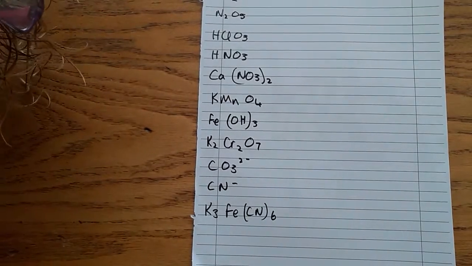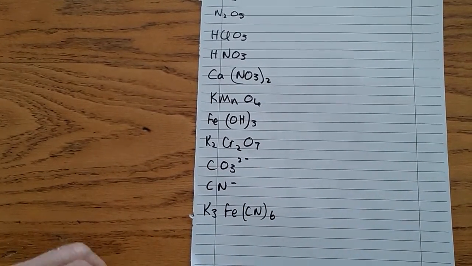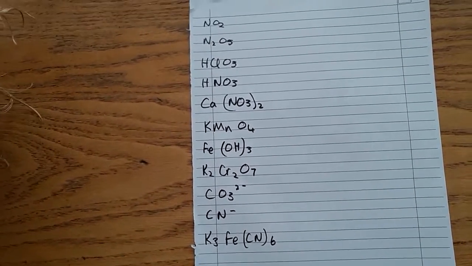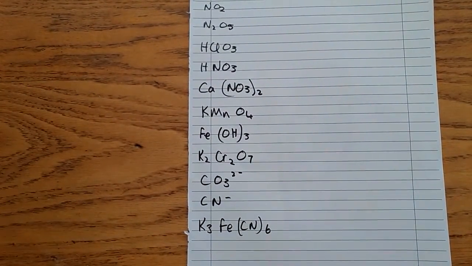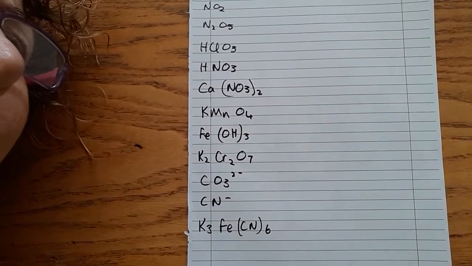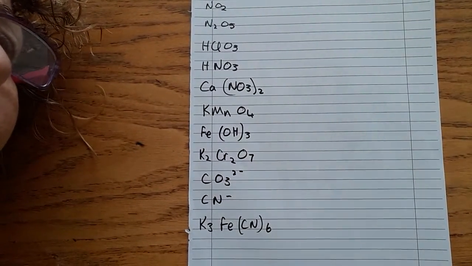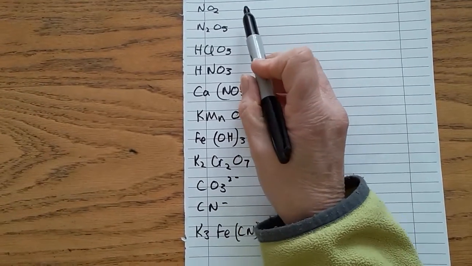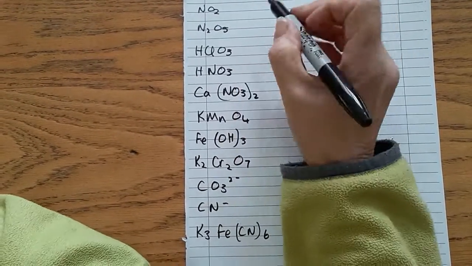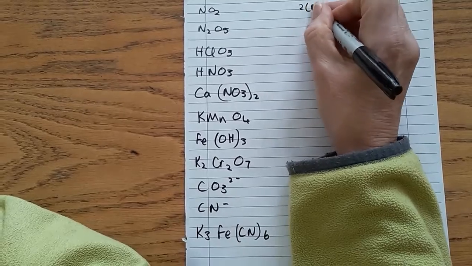Now I'm going to assign oxidation numbers to the following. Okay, so I'm going to start with NO2. Now oxygen is always -2, as we said, so we've got two oxygens, two -2s.